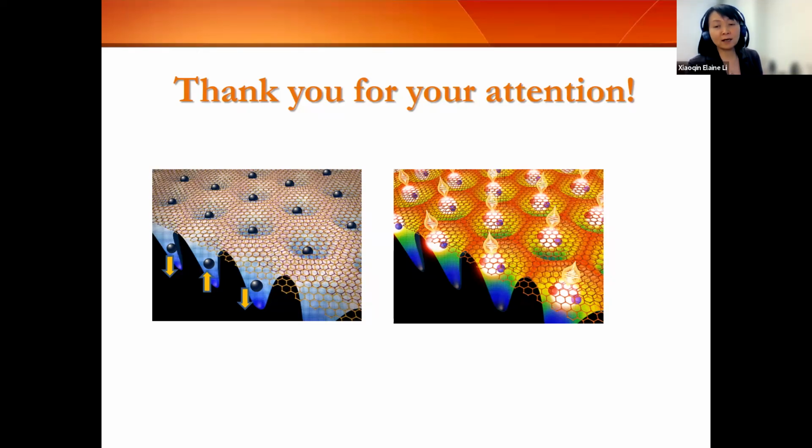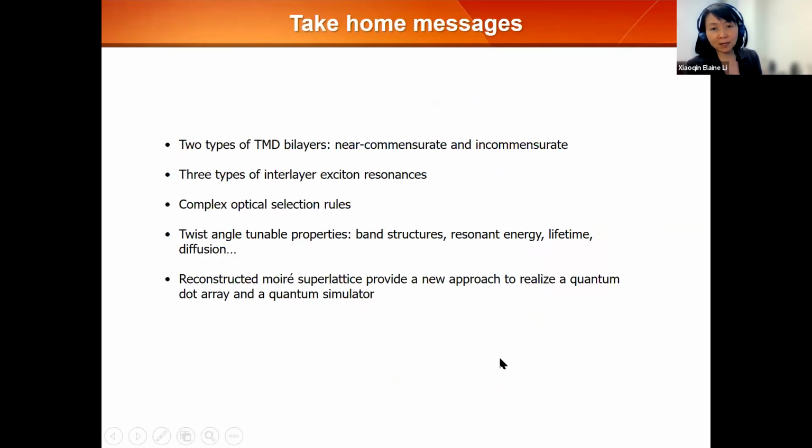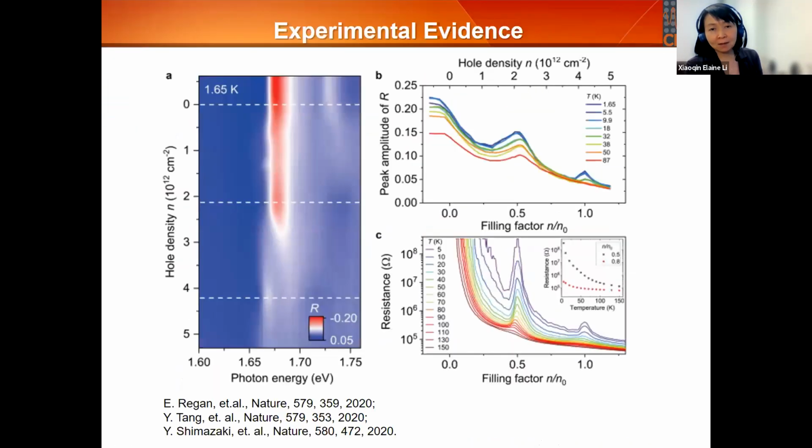Another thing is, I didn't have time to show some of the literature in this area. There are groups that are claiming they have already seen evidence of quantum simulators where they're actually using the optical transition to probe the ground state. So the idea is, let's say you dope the material, you have an array of holes. You form perhaps a Wigner crystal state, a rigid electron or hole lattice.